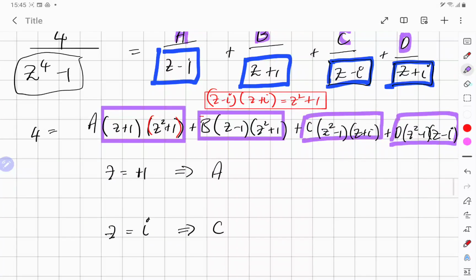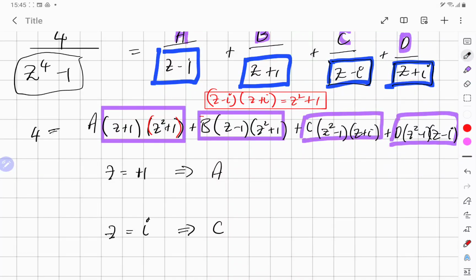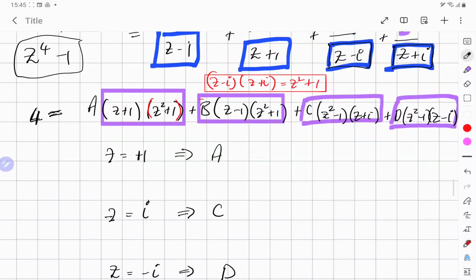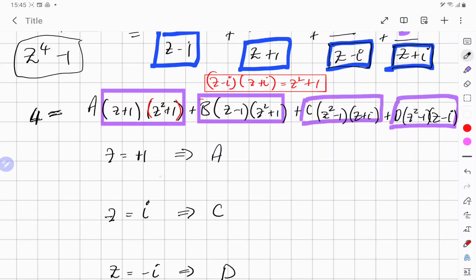Please revise partial fractions. Now my denominators are the same, so I can equate my numerators. Now the best is to use this method. If z is 1, why am I using z equals 1?